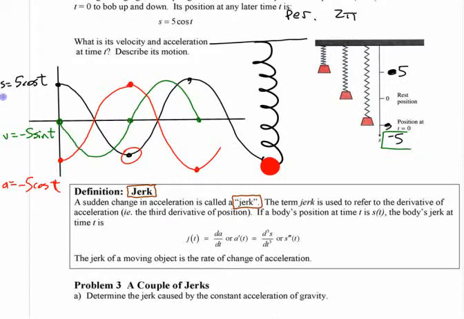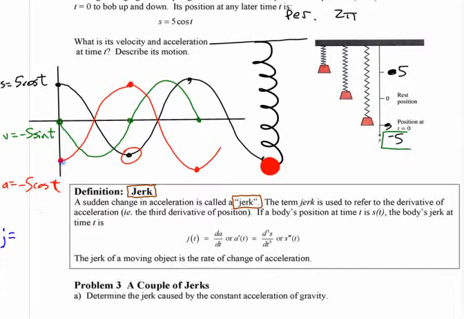And then, of course, we want the last one, which is really hard to think about because it's the rate of change of acceleration. If you look at the slope of that red curve, what's happening with it? What's the rate of change of acceleration here?